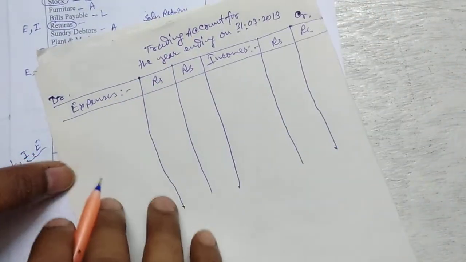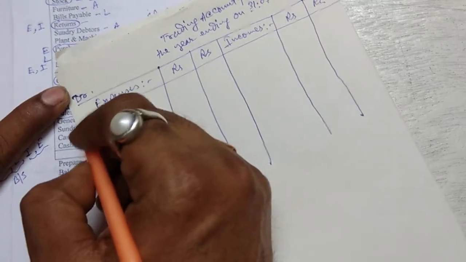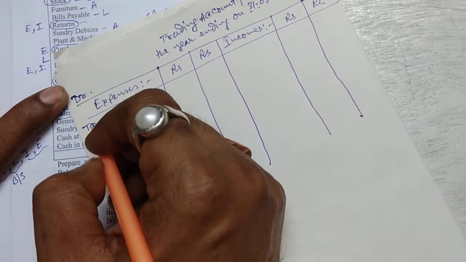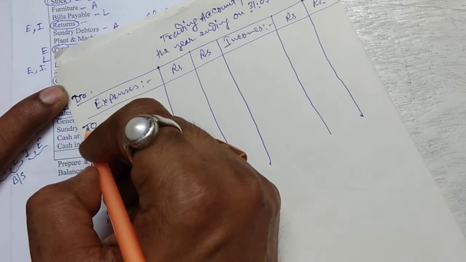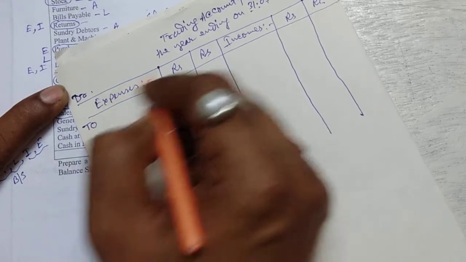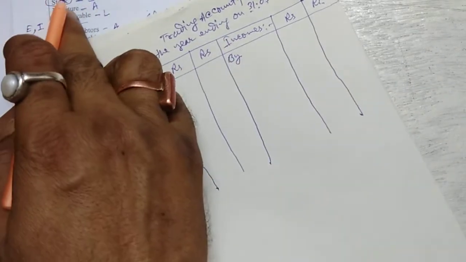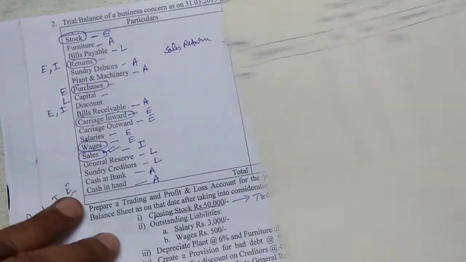Now at first we have to start with To. On the debit side, all accounting heads are to be written with To, and here with By. Clear? Now stock is an expense. Now see the expenses which we have already mentioned.